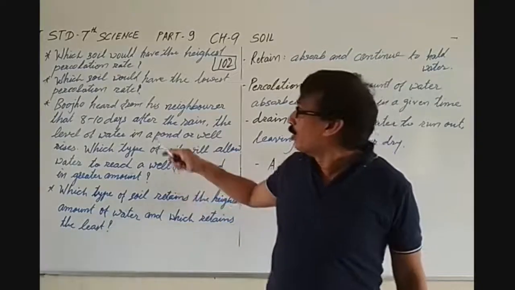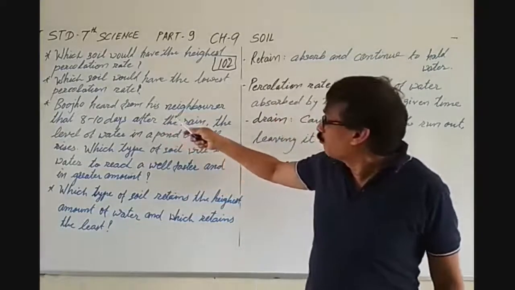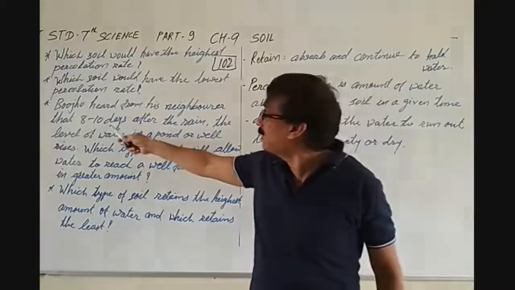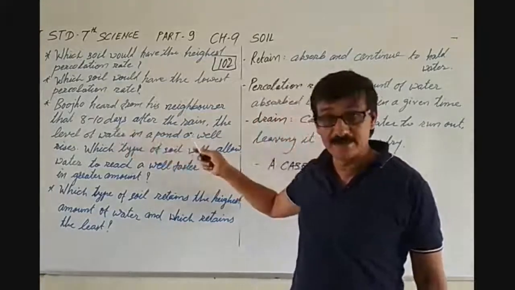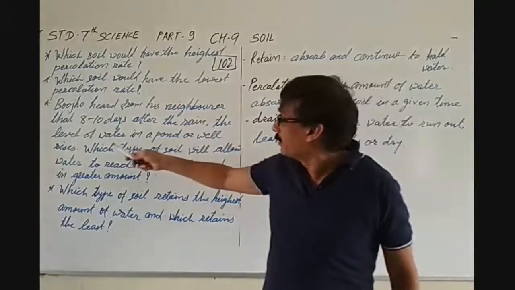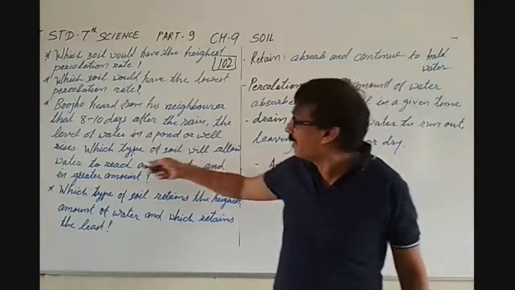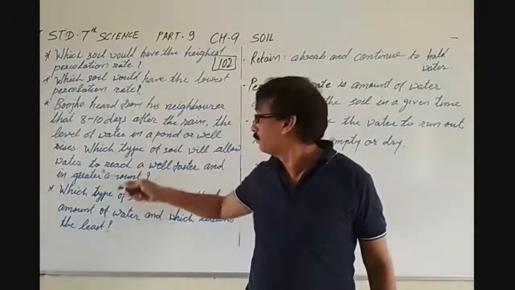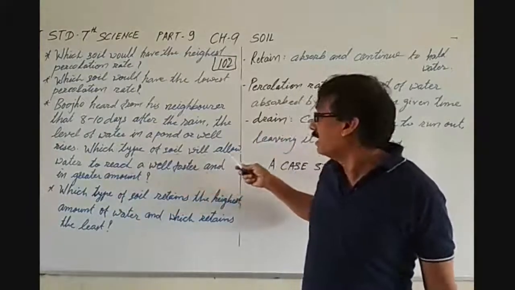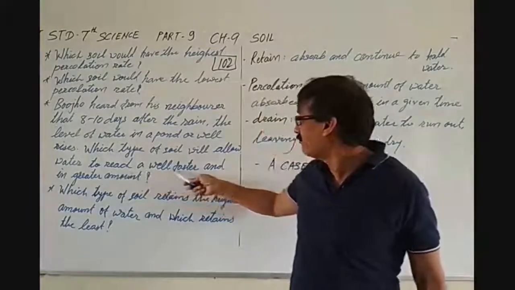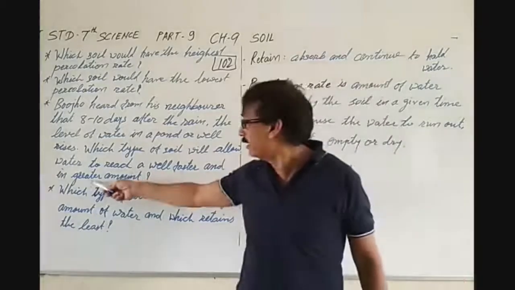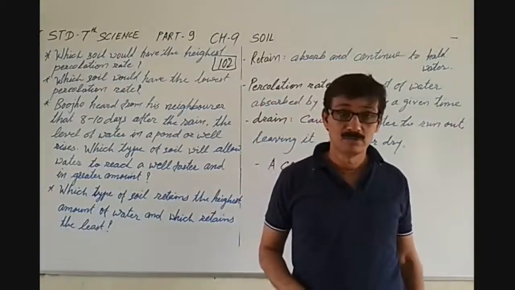Then Buzo heard from his neighbor that 8 to 10 days after the rain, the level of water in a pond or well rises. Which type of soil will allow water to reach a well faster and in greater amount?